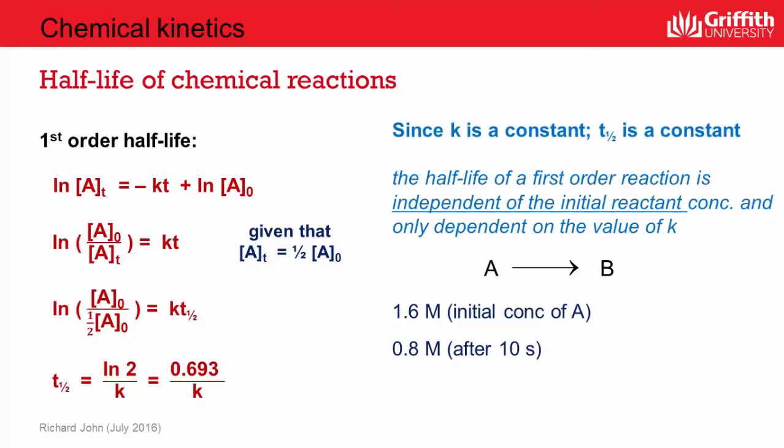For a first-order reaction, if we wait another 10 seconds, which is the time period equivalent to the half-life, the concentration will drop to 0.4 molar. And if we wait another half-life, the concentration will drop to 0.2 molar, and so on. In other words, it doesn't matter what concentration we start with, the half-life will always be the same.